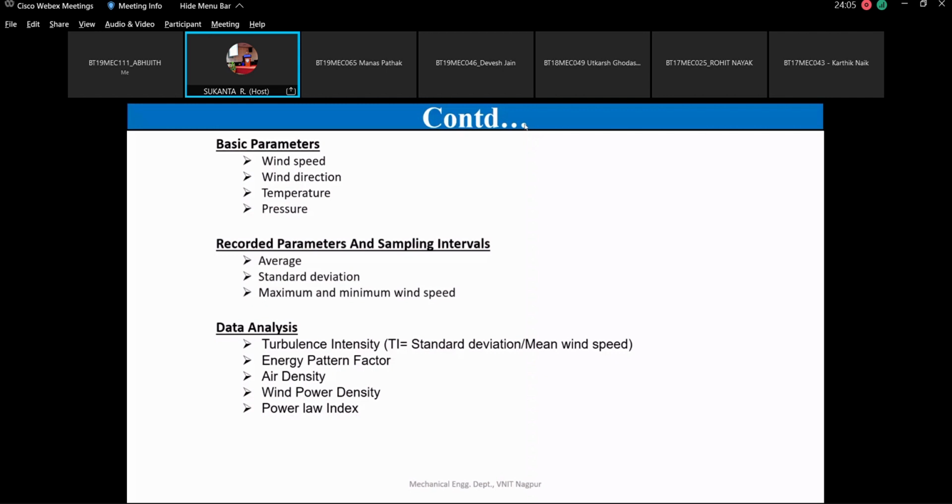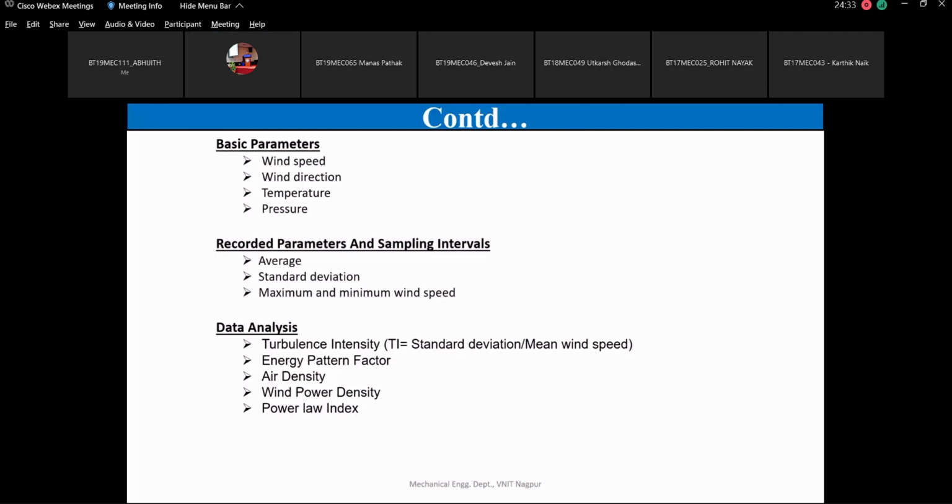Half height means the height of the wind turbine where the blades are not connected. So one sensor is at 3 meter from the ground level, and another one is at half height.